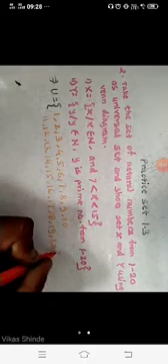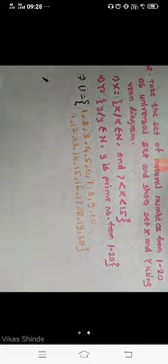Suppose this is our universal set. Now we have to write X. X means numbers greater than 7 and less than 15.